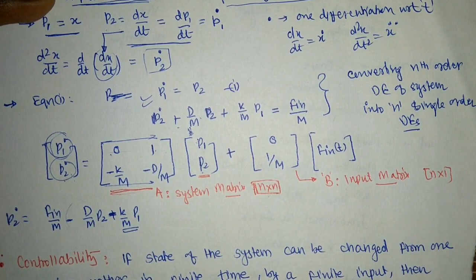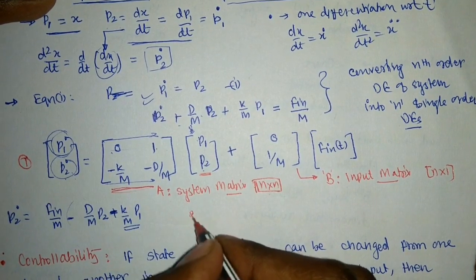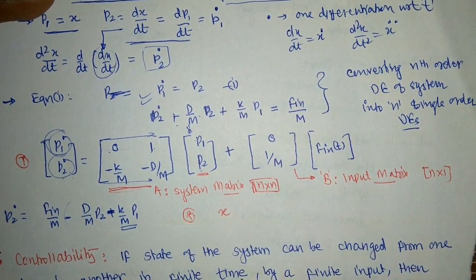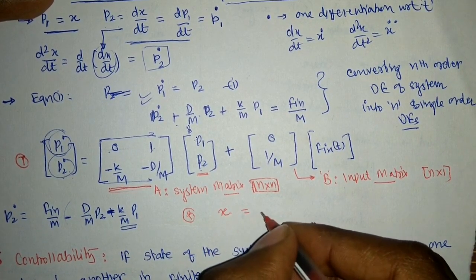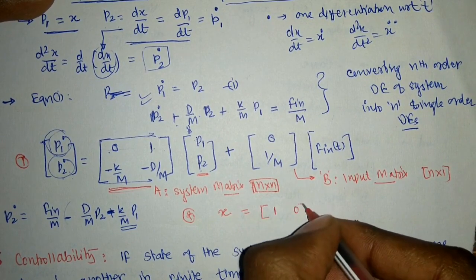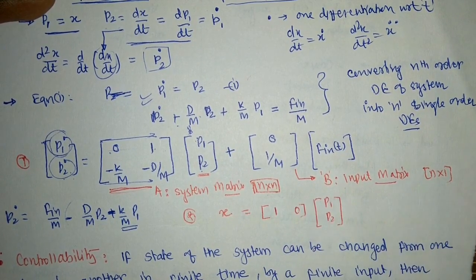Now the state space representation is still not complete, so this is just one part of it. The second part comes when we write the output also. So the output is still remaining, right? So I can say x is equal to, in terms of P1 and P2, 1, 0. Is that correct?